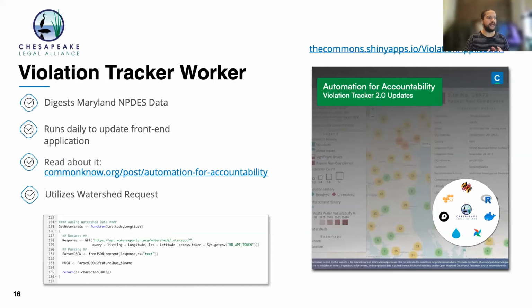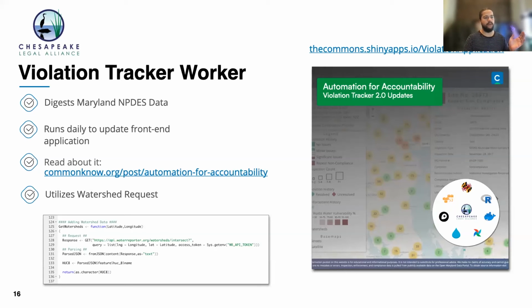And lastly, how this ties into the Water Reporter API is I leaned on the Water Reporter watershed request function. Because as we're displaying the data on the front end application, it's helpful to know what watershed a particular facility or construction site falls into. And to get that data, we use the Water Reporter watershed request function to send just a lat long pair, and then the API returns what watershed it's in.